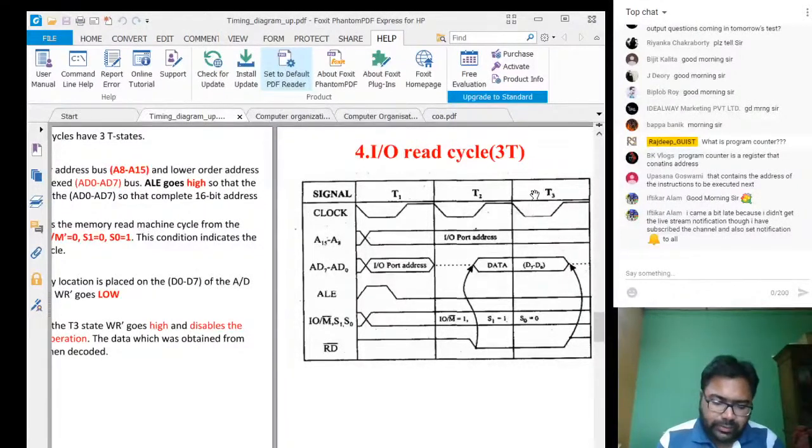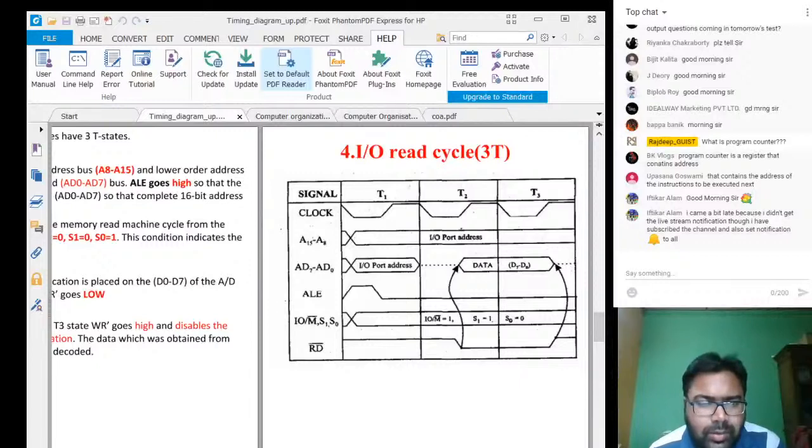Each individual IO port has an address to identify it. So this IO port address will be placed here, and whatever data is there will be transferred. This is the same, just try to follow it. I don't think I need to explain anything here because the diagrams are similar.